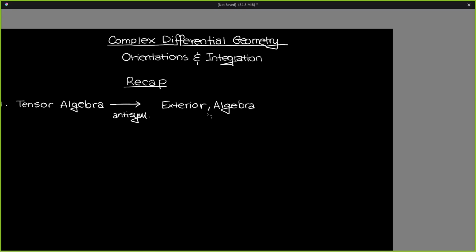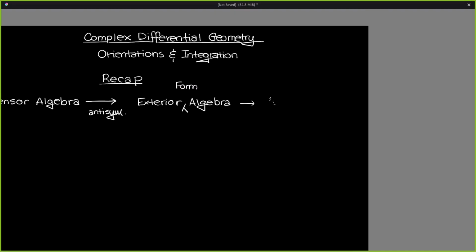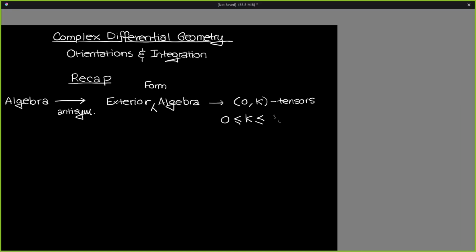And specifically, we were interested in the exterior form algebra. So the exterior form algebra is the algebra of 0 k tensors, for k between 0 and the dimension of our manifold.